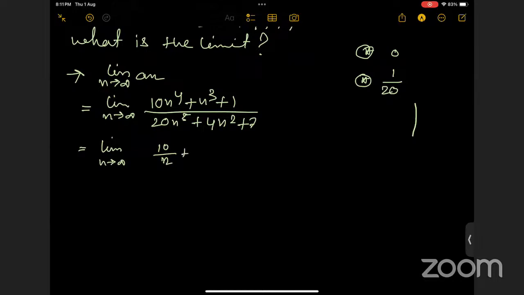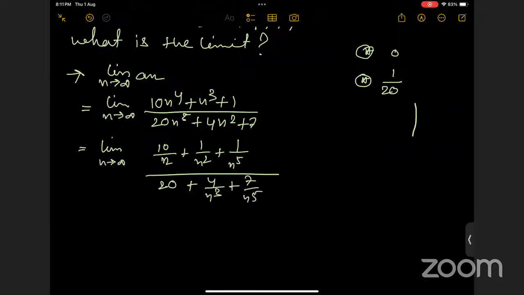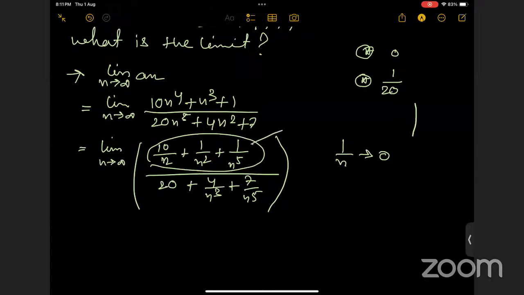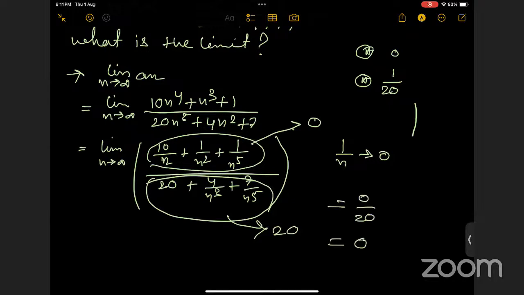Yes, then we will get something like that: 20 plus 4 by n cube plus 7 by n power 5. Now n tends to infinity, that means 1 by n tends to 0. So this portion will be tending to 0 and this portion will be tending to 20. So it is 0 over 20, hence it is 0. Fine?